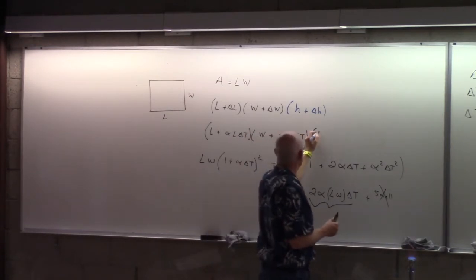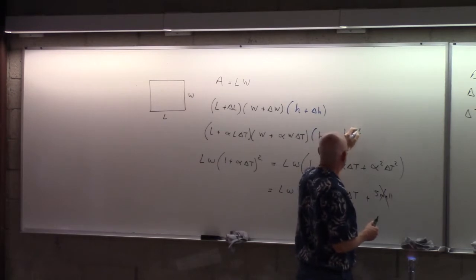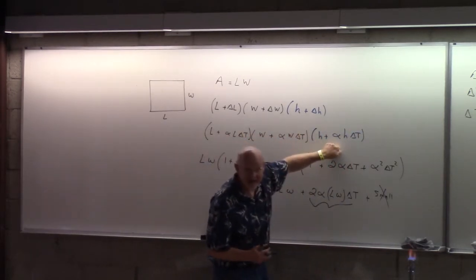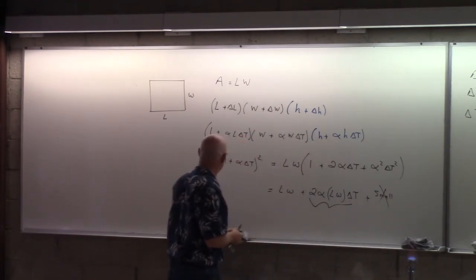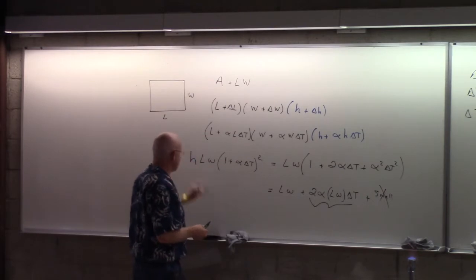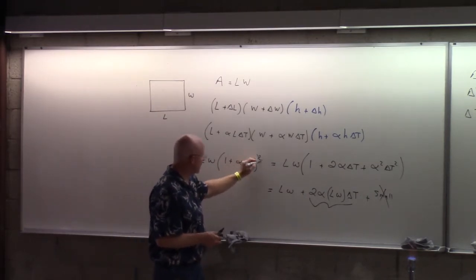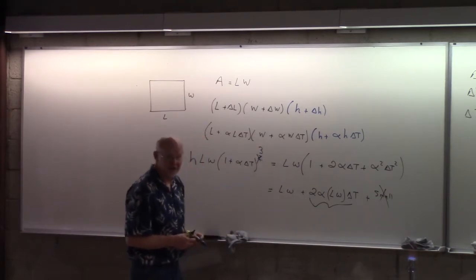I would then just have height plus alpha original height delta t. And so I would have length times width times height. And this one can factor out an h. And so I would have an h here, and I would have a 1 plus alpha delta t, and instead of squared it would be cubed.